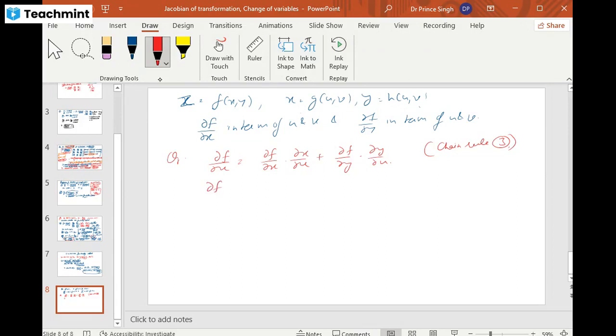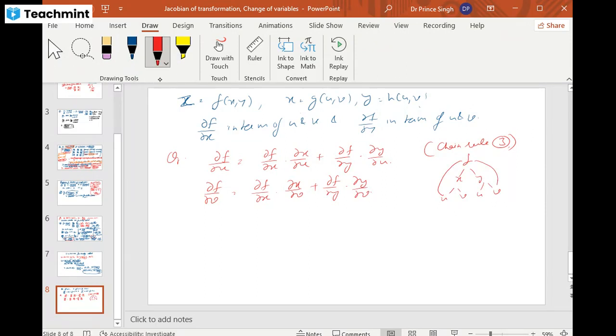What about curly f upon curly v? This is curly f upon curly x into curly x upon curly v, plus curly f upon curly y into curly y upon curly v. So f is a function of x and y, they are functions of u and v, then f is a function of u and v with the help of this chain, right?